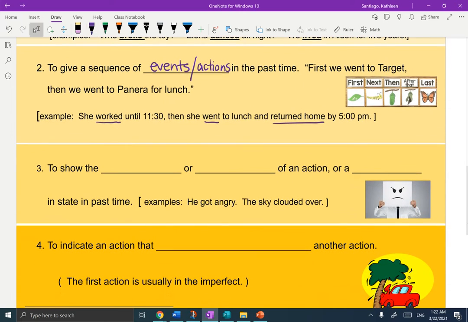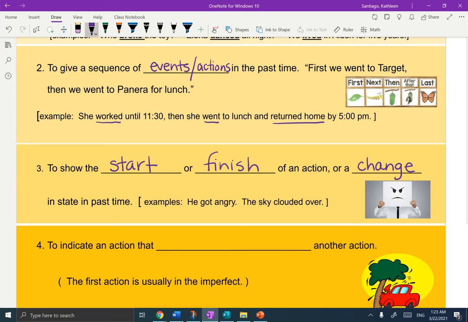The third of the uses of the preterite is to show the start or finish of an action or a change in state in the past time.